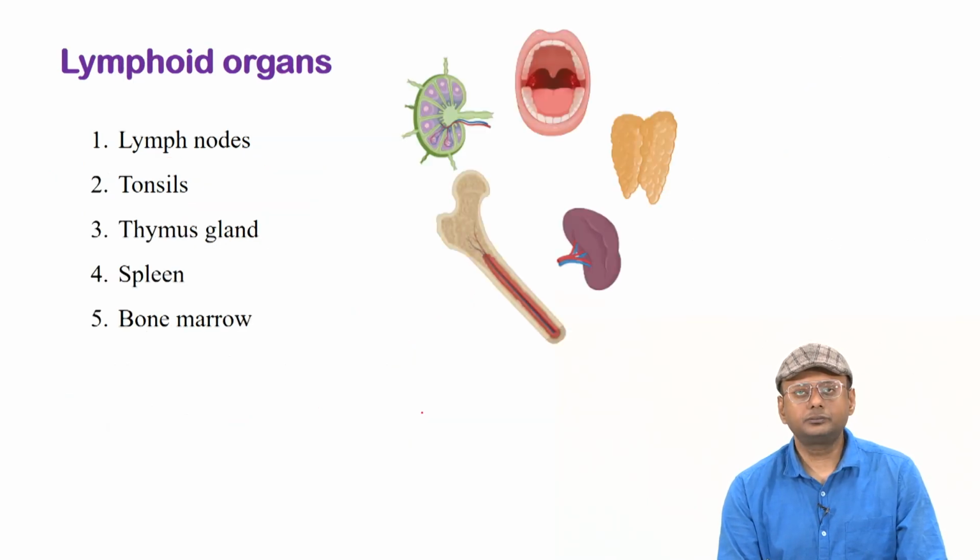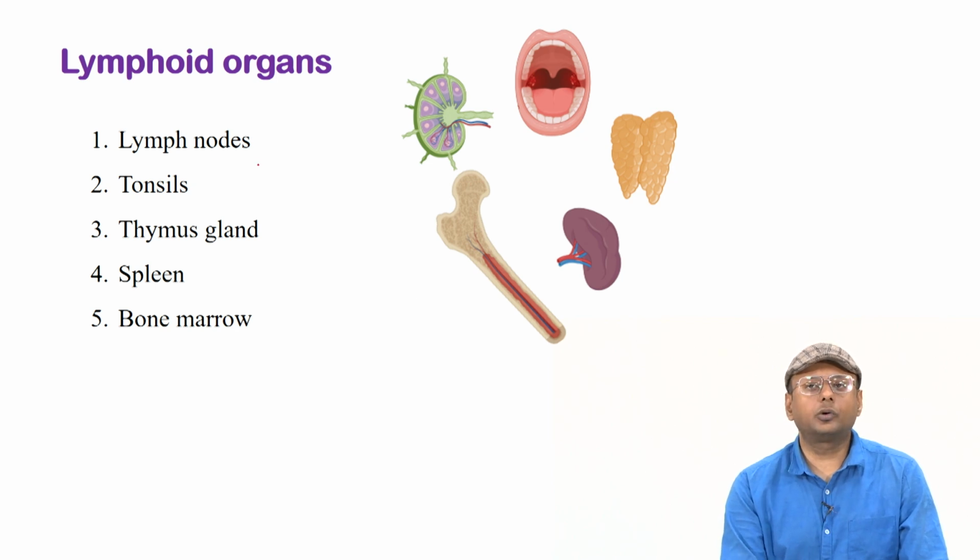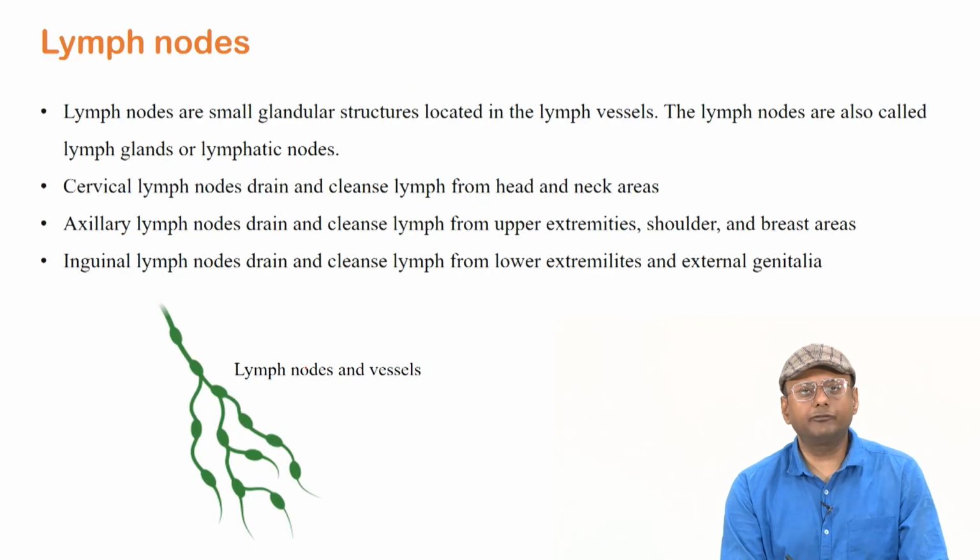Okay. Then what are the different lymphoid organs present in our body? So lymph node, tonsils, thymus gland, spleen, and bone marrow, these are all important lymphoid organs that are present in the body. A lymph node is a small glandular kind of structure that is located in the lymph vessels. Lymph nodes are also called lymph glands or lymphatic nodes. Okay. Cervical lymph nodes drain and cleanse lymph from the head and neck area.